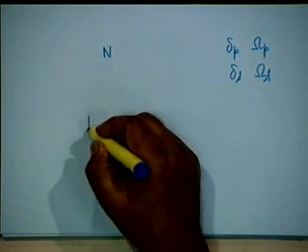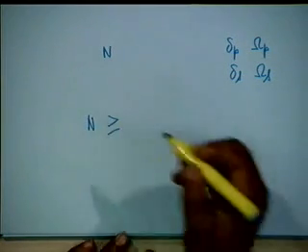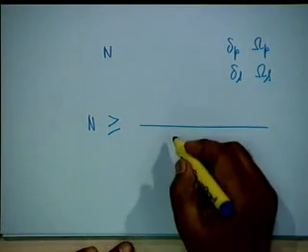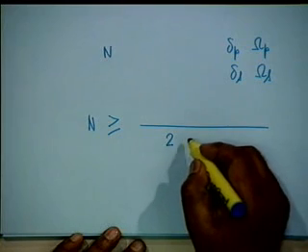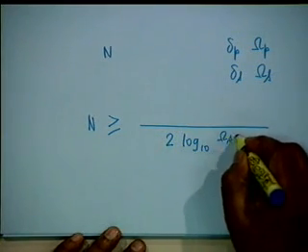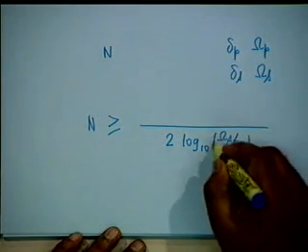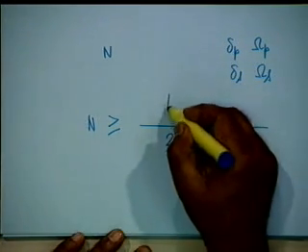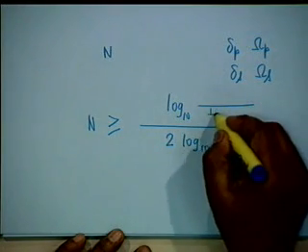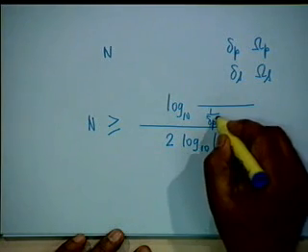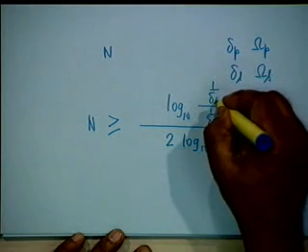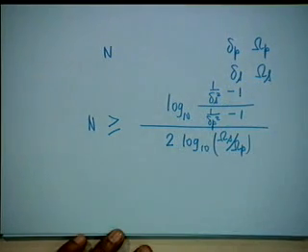Capital N is greater than or equal to, the formula that we derived is very easy to prove, there was a 2 here, log 10 of omega s divided by omega p in the denominator, and in the numerator it was log 10 of 1 by delta p squared minus 1 divided by 1 by delta s squared minus 1.